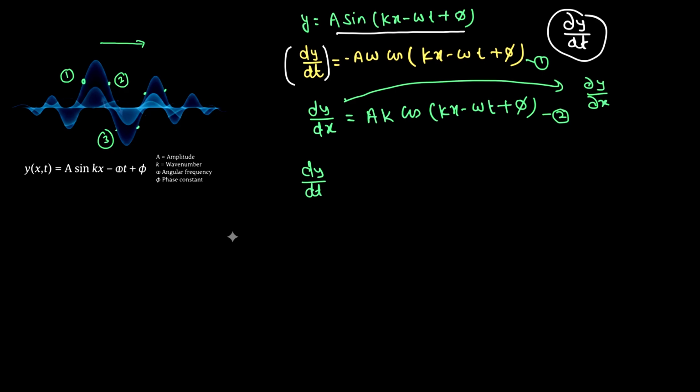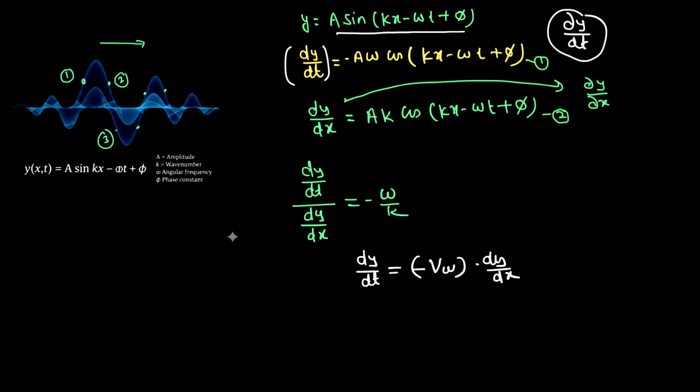dy by dt divided by dy by dx, that should be equal to minus omega by k. And omega by k is the velocity of the wave. So we can write dy by dt, that is the velocity of the particle, is equal to minus velocity of wave into dy by dx.